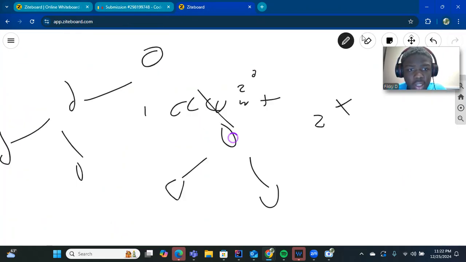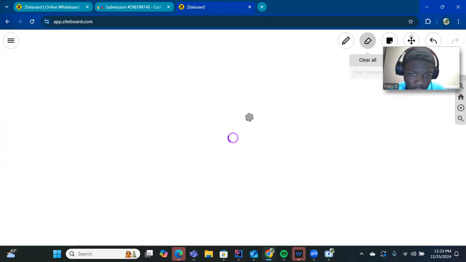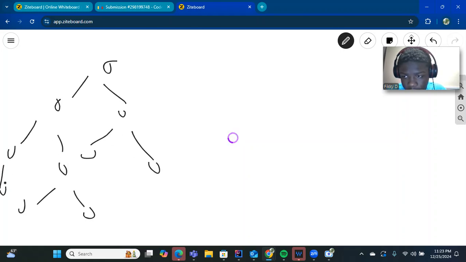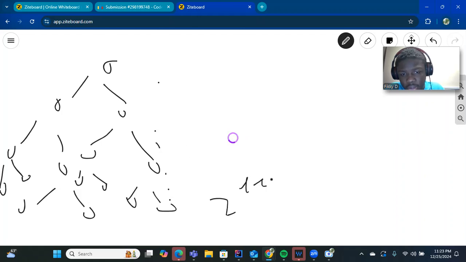it's basically just a binary tree. So you need to count the amount of levels that you have and then do 2 to the amount of levels, right?